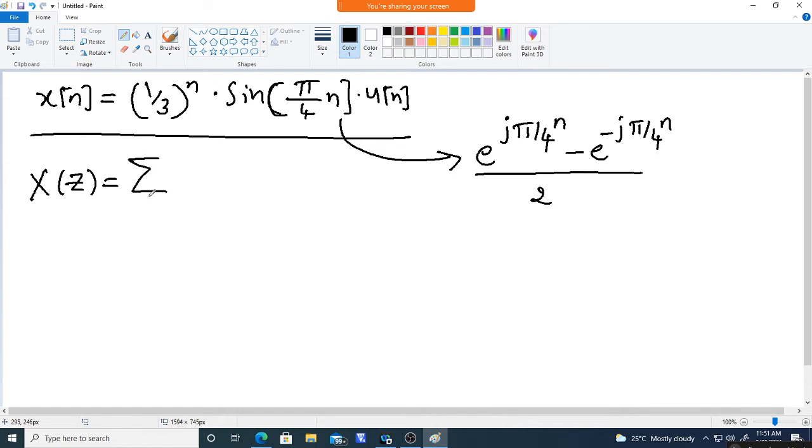We know the summation n equal to minus infinity to plus infinity x of n into z power minus n. Now x of n exists only from 0 to infinity.